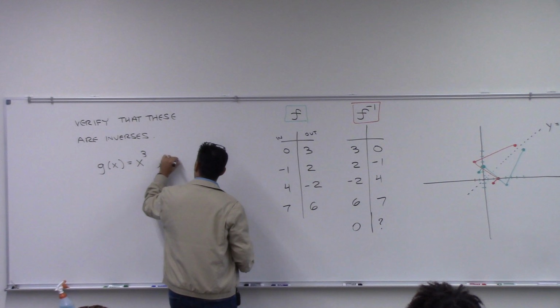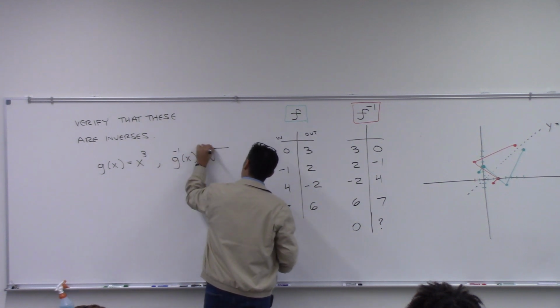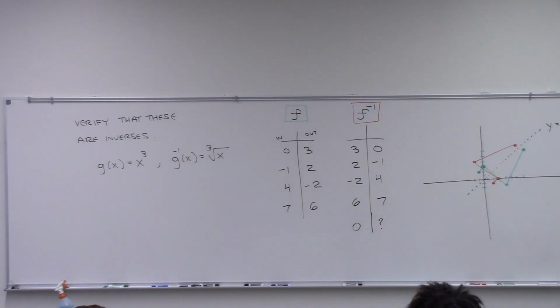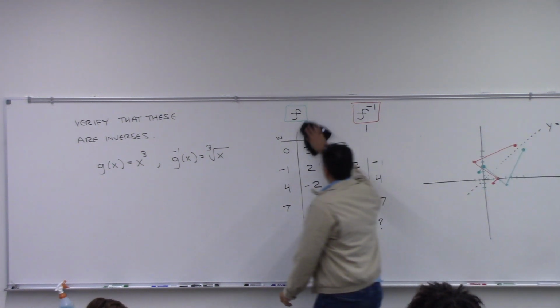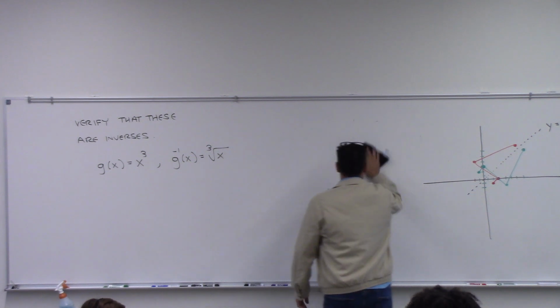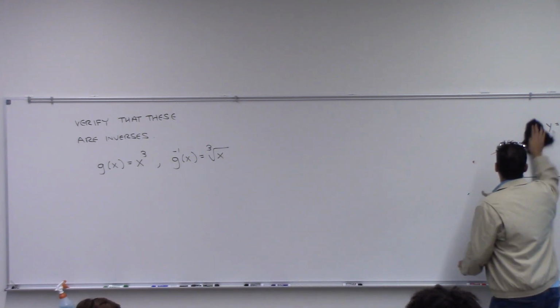And the other one, they're telling us that g inverse of x is the cube root of x. Now, all my markers are dead. We need to verify that those are inverses.